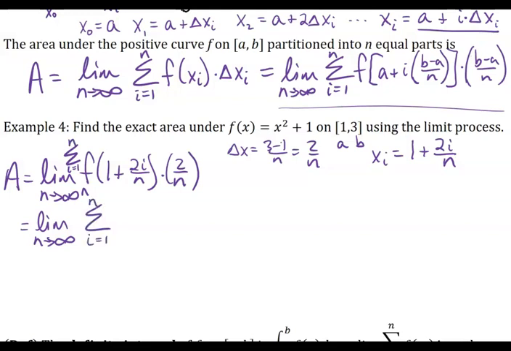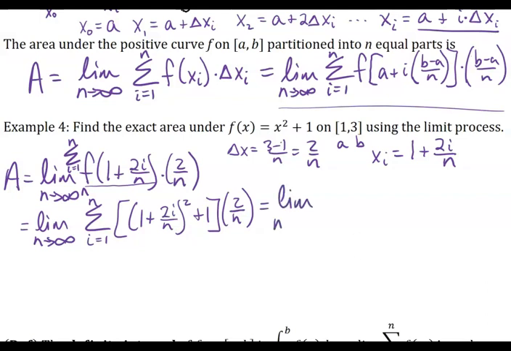The sum from i equals 1 to n of that quantity squared, 1 plus 2i over n squared plus 1. So that's this part, times 2 over n, that's still here. Okay, and now we're going to do a whole bunch of algebra.